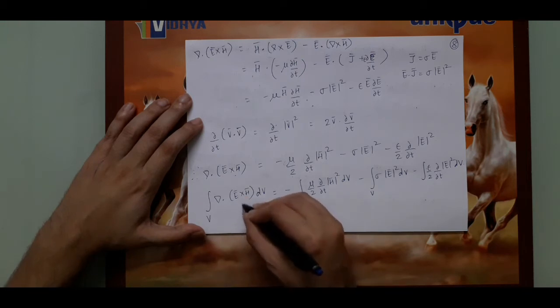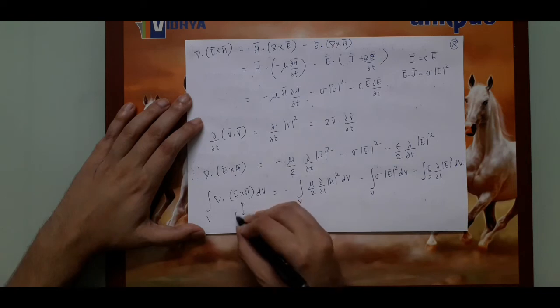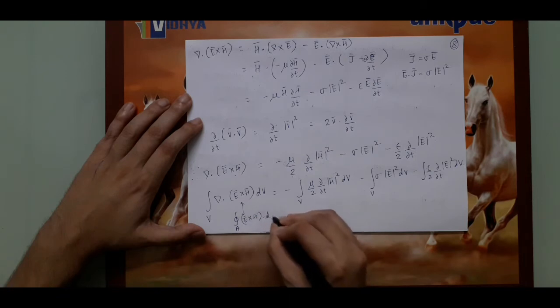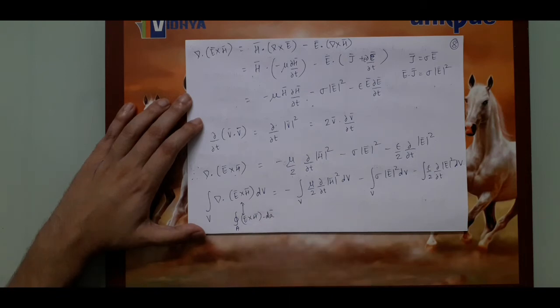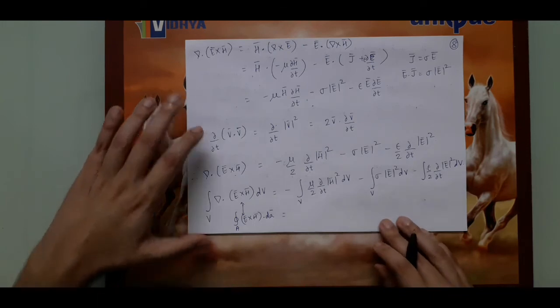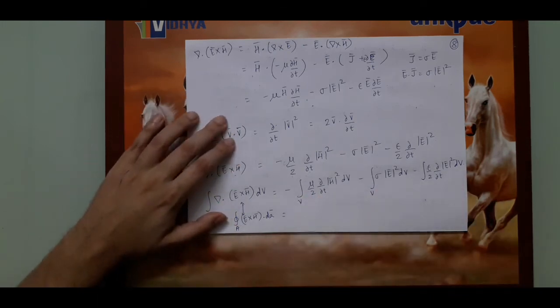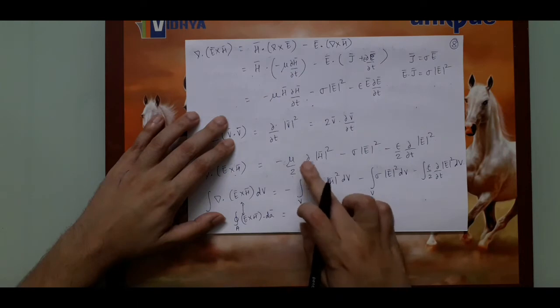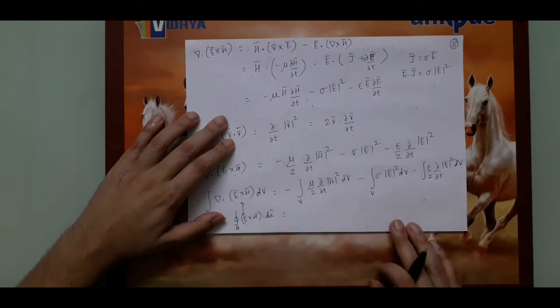So the left hand side I can actually express this as E cross H dot dA, this using the divergence theorem, and the right hand side let me keep it same as the volume integral, but let me now group the like terms together. We can see that the H and E terms, that is the mu and epsilon terms, they look very similar.